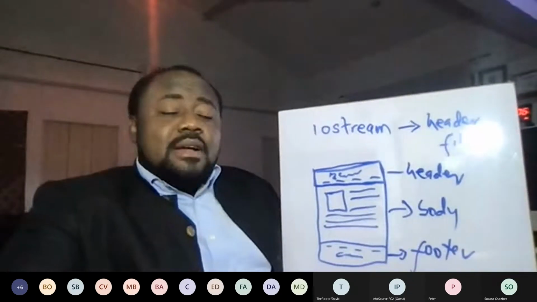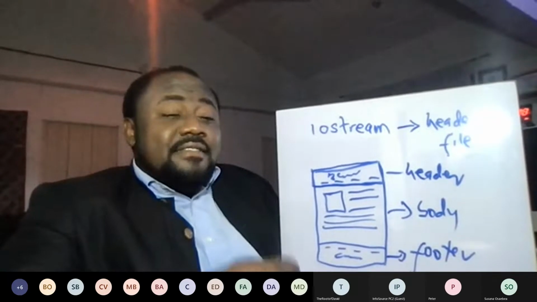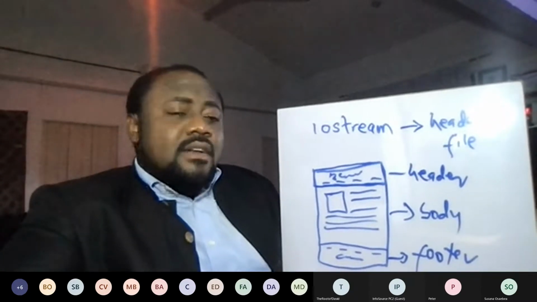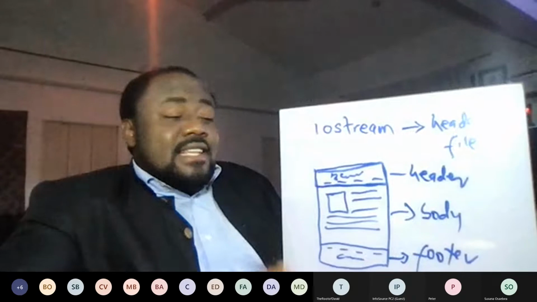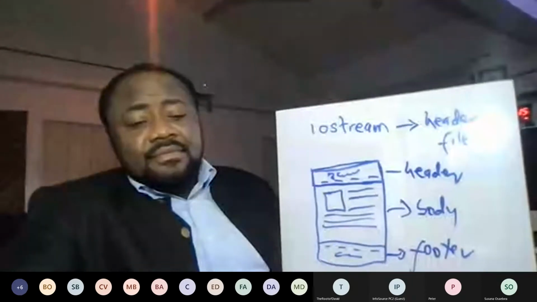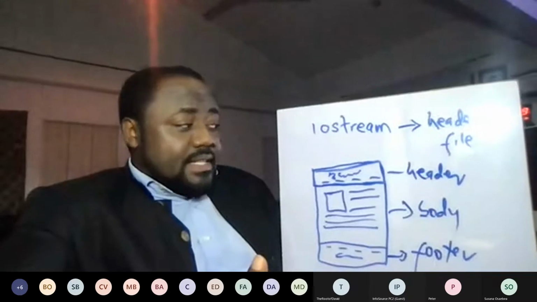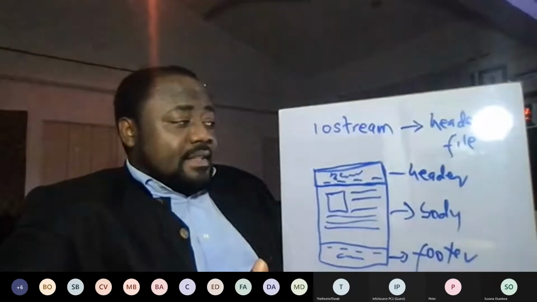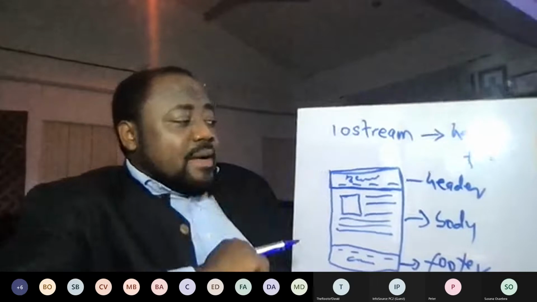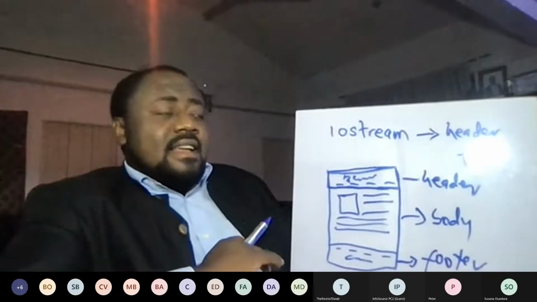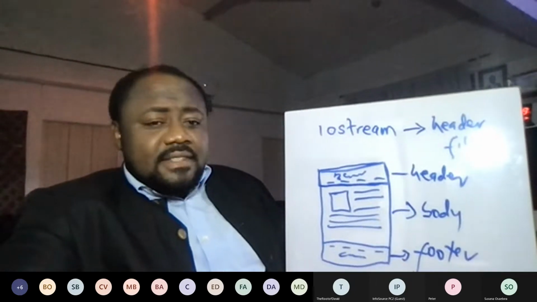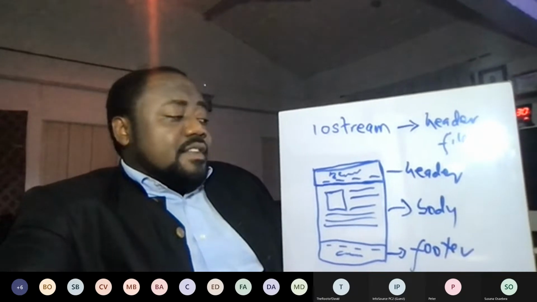Let me tell you, websites are just files. They are HTML files or PHP files that are stored on a computer. If you want the whole world to see, you put it on a server and the whole world will see. Every website has several pages. Let's take a typical website of a university.